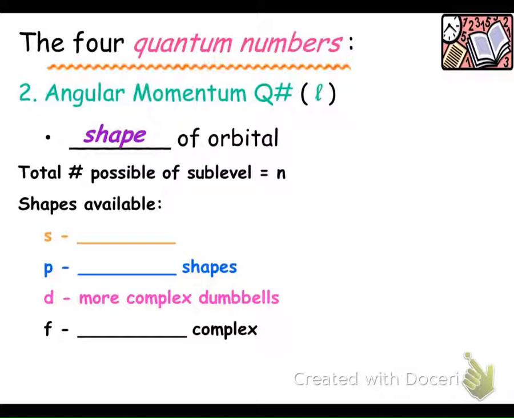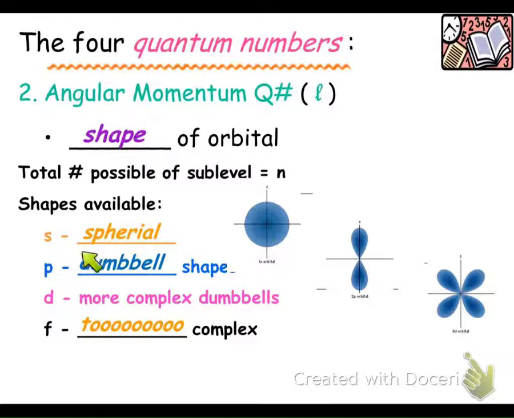The next quantum number is angular momentum, and this is just the shape of the orbital. The possible number of subshells in each shell is n, and our angular momentum is denoted with an L. Our shapes available are S, P, D, and F. S is a circle, P is a dumbbell shape, D is like a complex dumbbell or flower, and F is too complex to explain what it looks like.